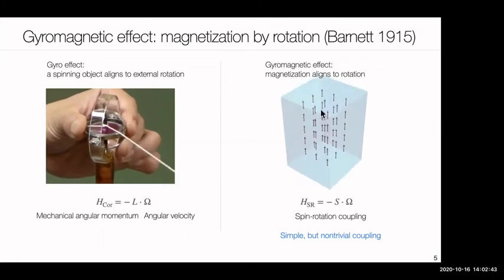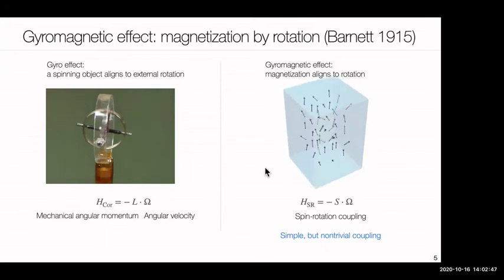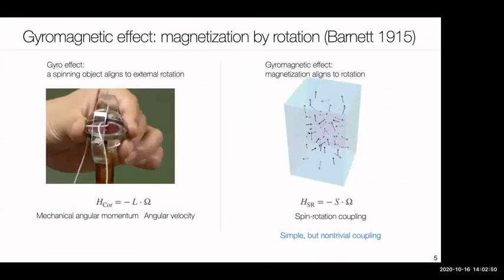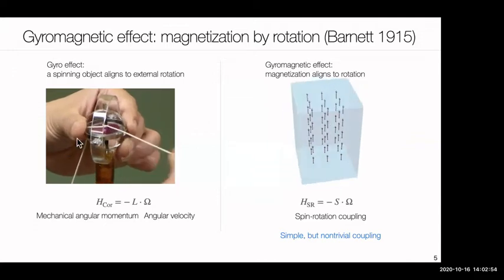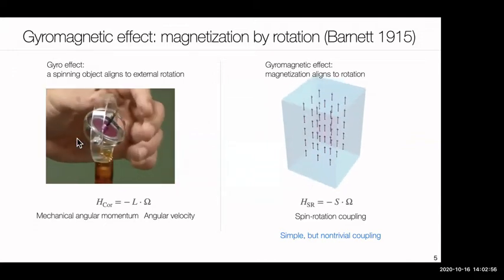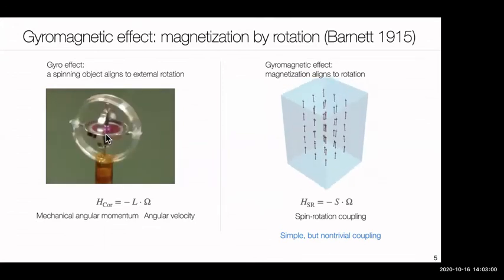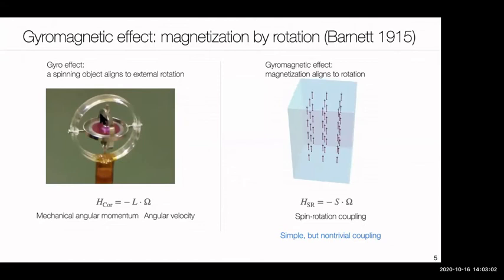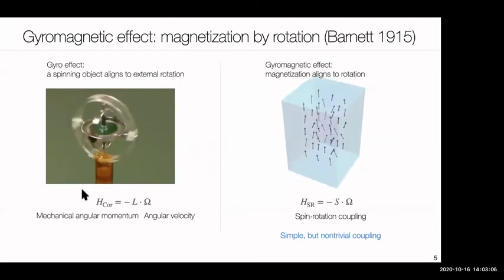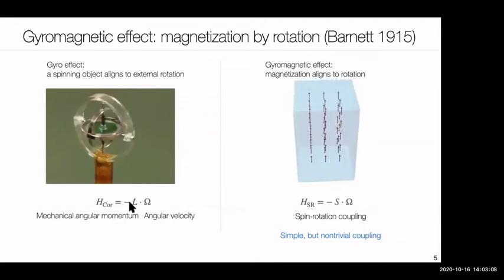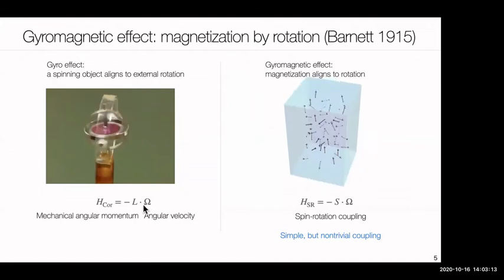This animation shows the Barnett effect, magnetization by rotation, and we have a classical analog of this Barnett effect, the gyro effect. You can manipulate the spinning object by applying an external mechanical rotation. And this manipulation can be realized by using the coupling between the mechanical angular momentum L and the angular velocity omega.